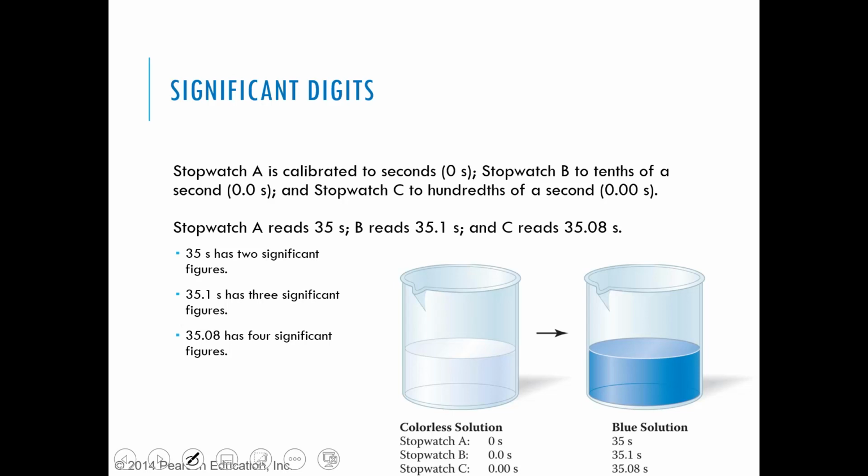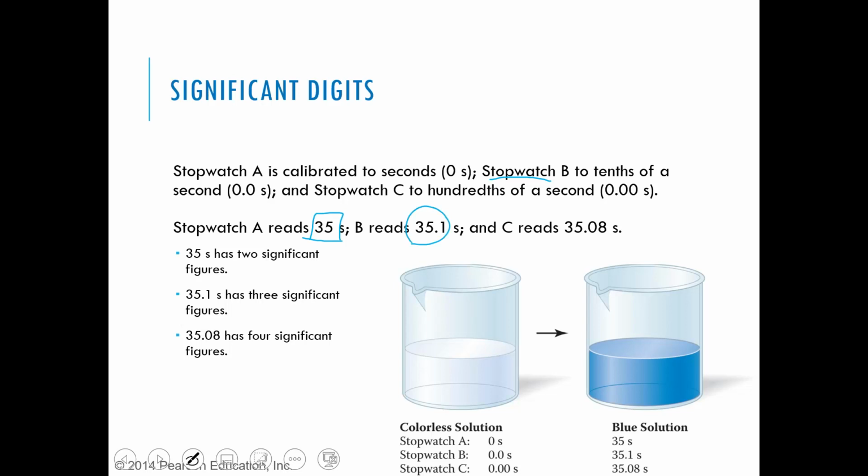Now, depending on the device that we are using to measure, or in this case, record, the stopwatch, which is recording time, dictates how many significant figures we have. So if I was using stopwatch A, and we said on your mark, set, go, and then we stopped, and it read 35 seconds, I would have 2 significant figures in that recording.